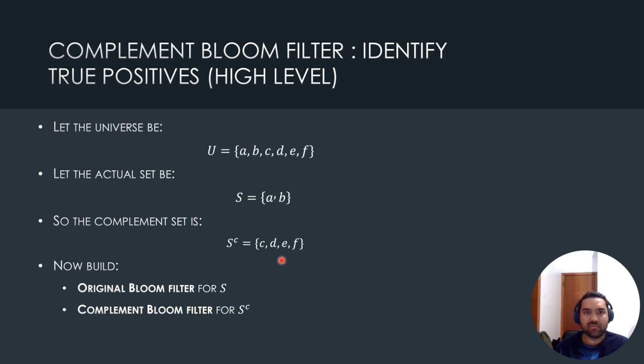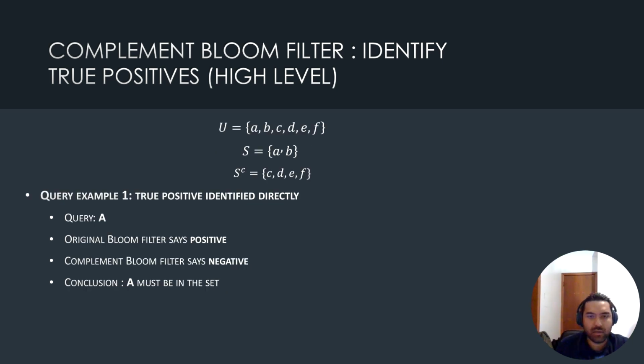Why? Because Bloom filters never produce false negatives. So if the complement Bloom filter says the element is not in the corresponding set, then it really is not there. That means it must be in the actual set. This helps identify some true positives directly without needing an additional lookup.